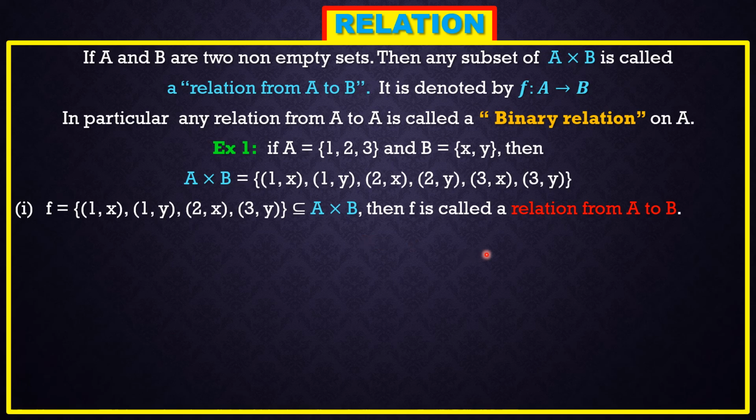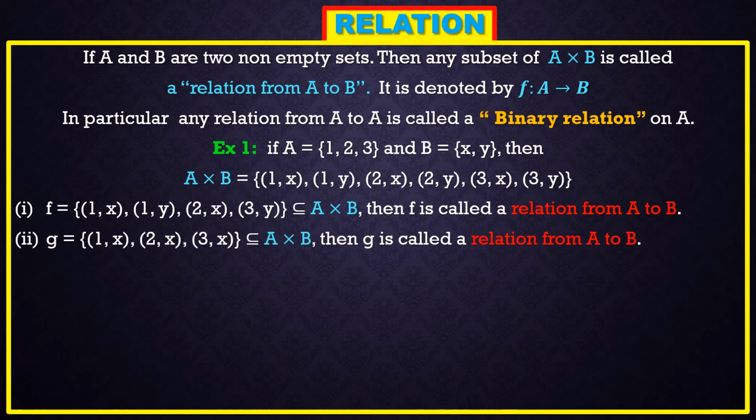Therefore the set F is a relation from A to B. And we take another set, that is G, the set of ordered pairs (1,x), (2,x), (3,x). Here also we observe these are all elements in the Cartesian product A cross B. So this is also one of the subsets. Therefore the set G is also a relation from A to B.